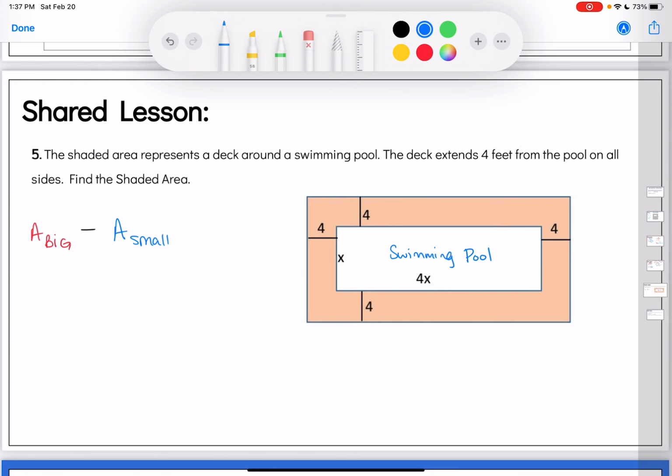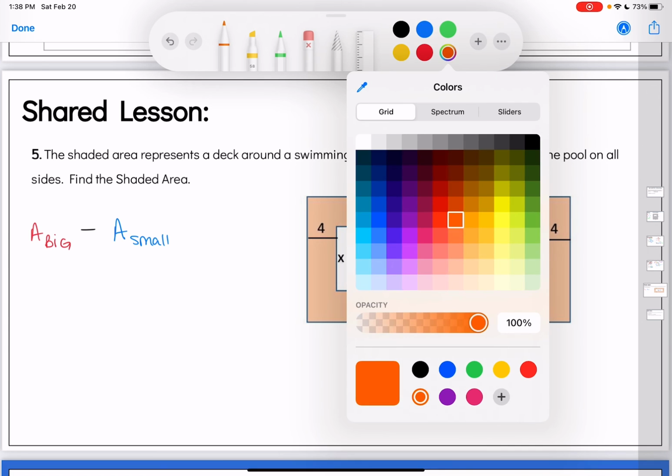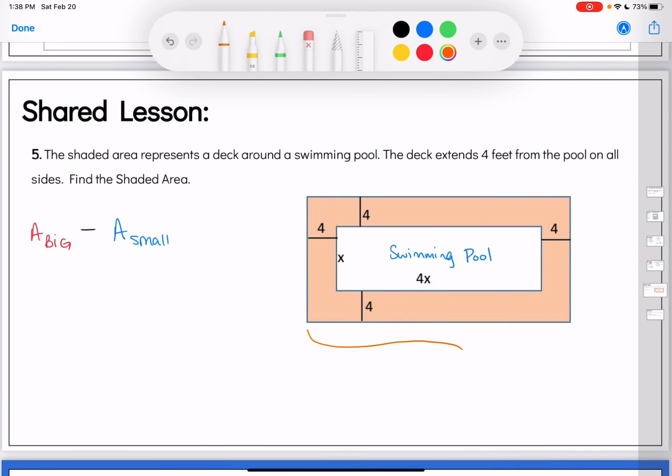The tricky part is I need to know how long and how wide that big shape is. That we don't know yet. There's nothing written, right? I need to know what's this length. Well, I know inside here, right, from here to here, this is 4x. But I also need to go here and here.